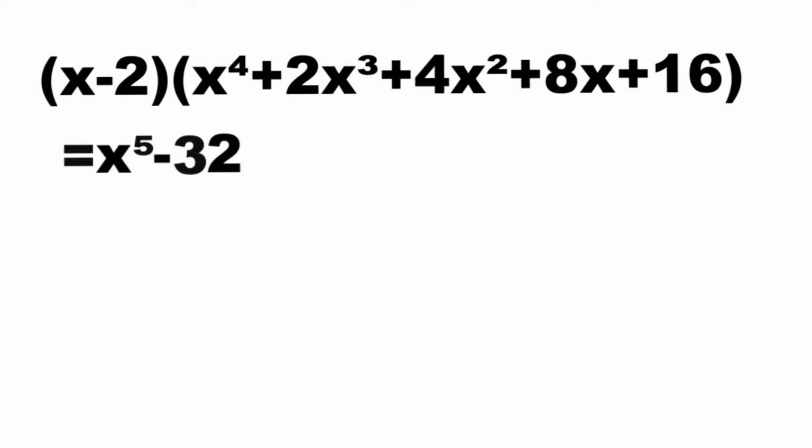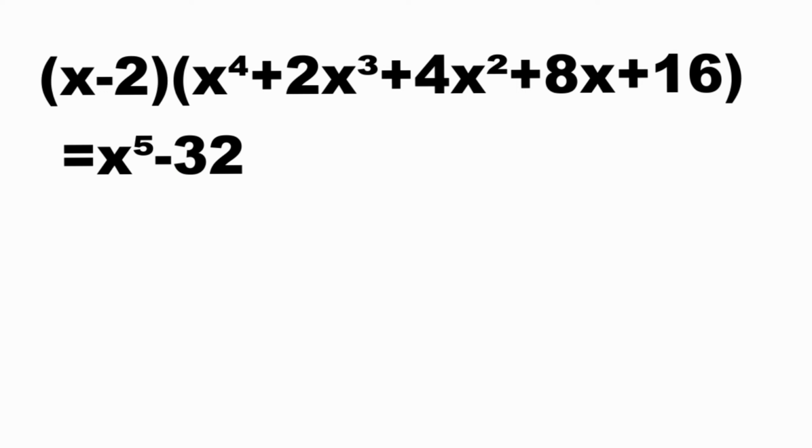So the final answer is x to the fifth minus 32, because 2 times 16 is 32, or 2 to the fifth is 32, and x times x to the fourth is x to the fifth. So the final answer is x to the fifth minus 32.